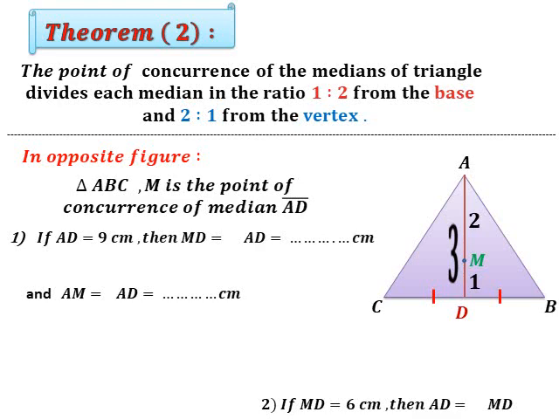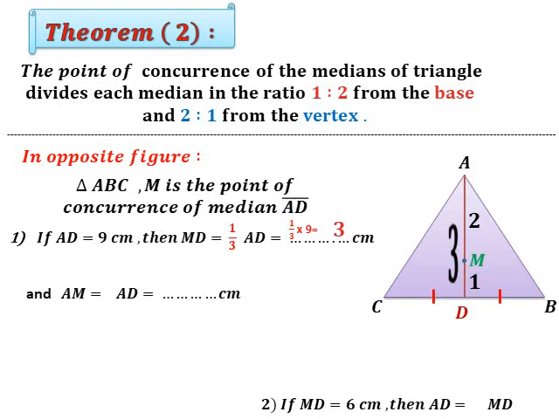From M to D it is 1, and AD is 3, so it becomes 1 over 3. How many centimeters? AD is 9, so 1 over 3 times 9, a third of 9. 9 divided by 3 equals 3 centimeters.